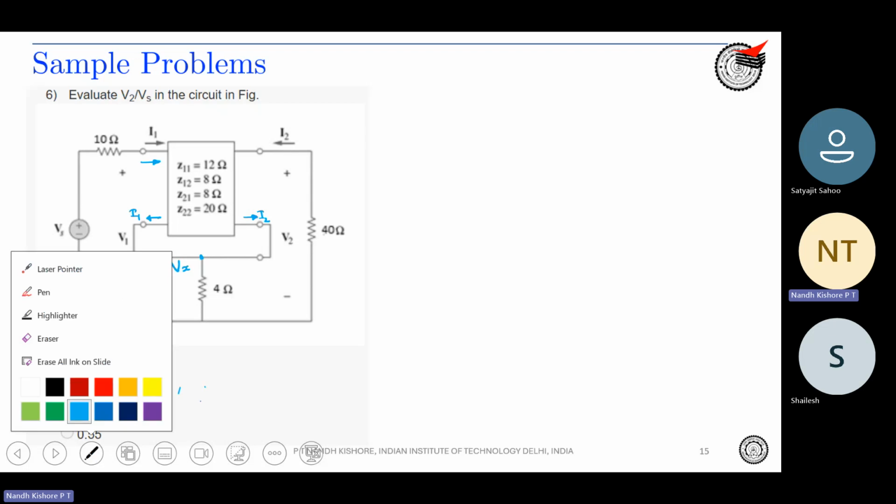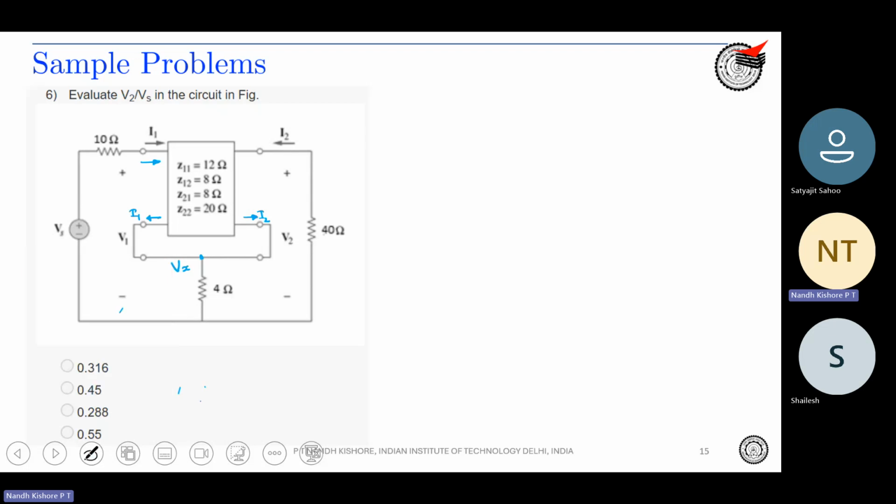Both of these currents get added up. So the current that flows over here is going to be I1 plus I2. So what I can write is that Vx is equal to 4 times (I1 plus I2). So we have written the expression for Vx.